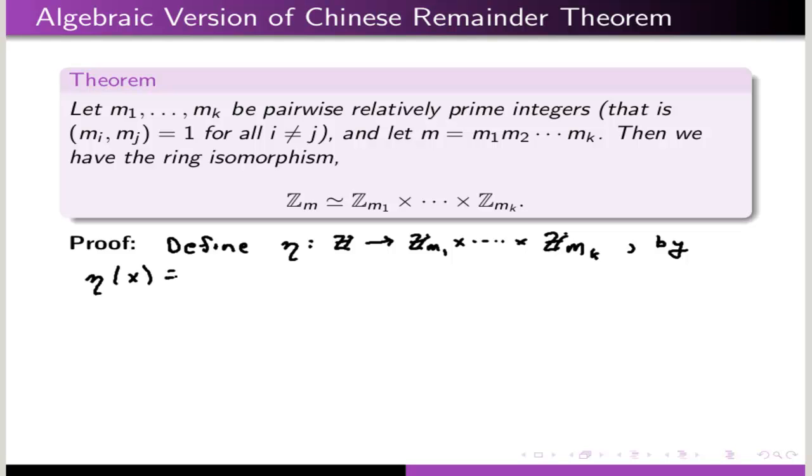Well, it has to be an element of the right-hand side, and the right-hand side is a k-tuple of objects. So this will be a k-tuple, where the first coordinate is the value of x mod m1. The second coordinate is the value of x mod m2. And the kth coordinate is the value of x mod mk. Well, then plainly this is a ring homomorphism.